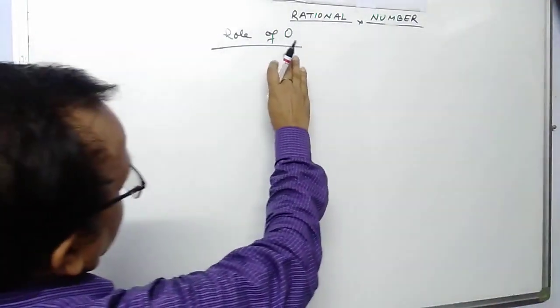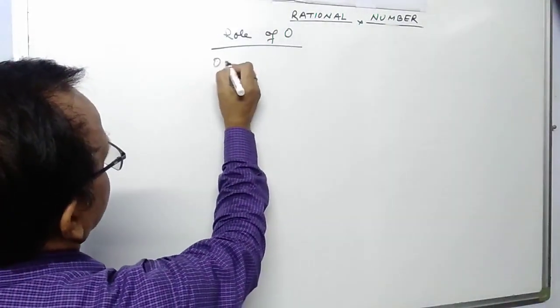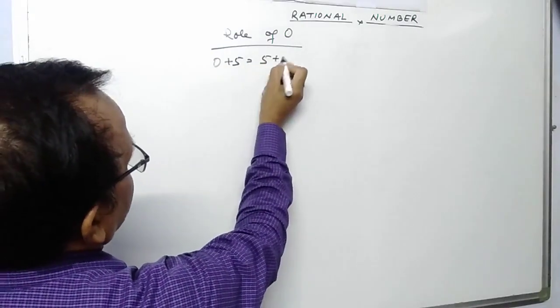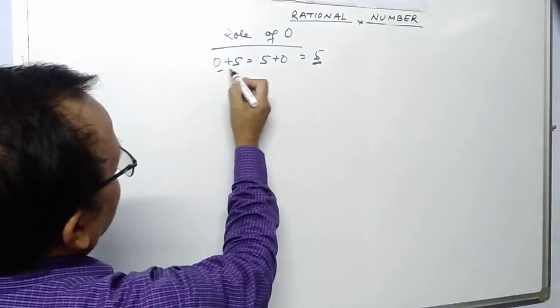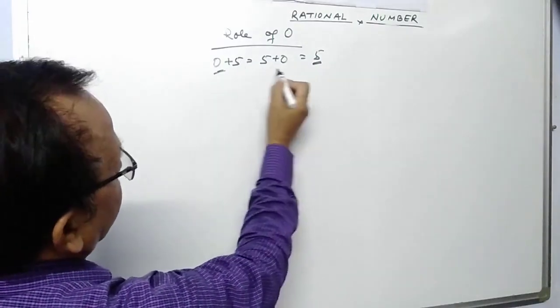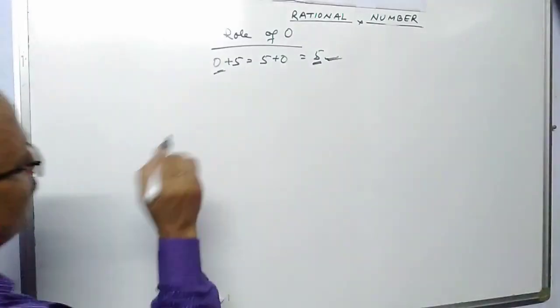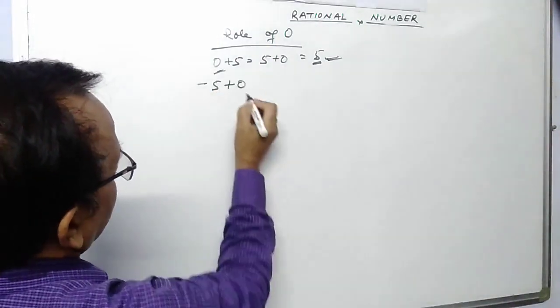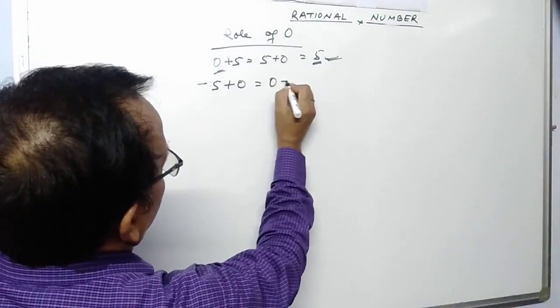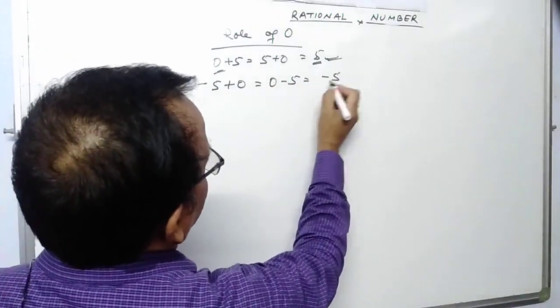0. Addition of 0 to whole numbers. Suppose 0 plus 5, 5 plus 0. In both cases we are getting 5. That is, when we add a whole number to 0, we will get the same whole number. Okay. Suppose I am adding an integer, minus 5 plus 0 is equal to 0 plus minus 5. In both cases we are getting minus 5 here.